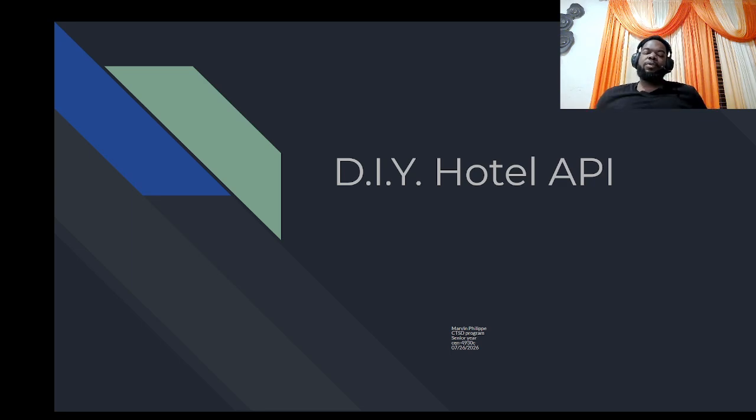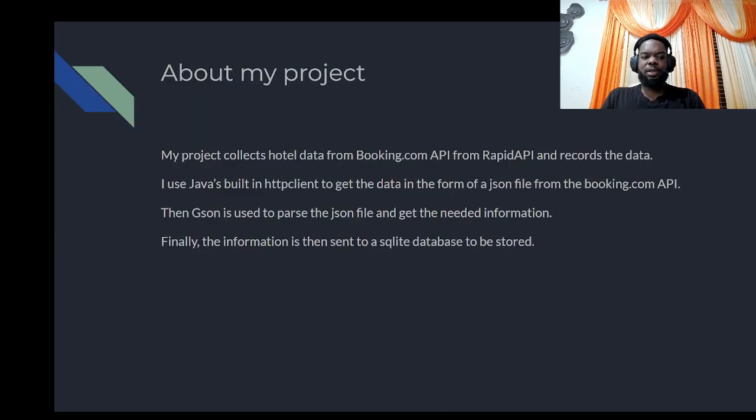For my senior year, I will be presenting my do-it-yourself hotel API project. My project collects data from a third-party API from Rapid API, the Booking.com API to be exact.